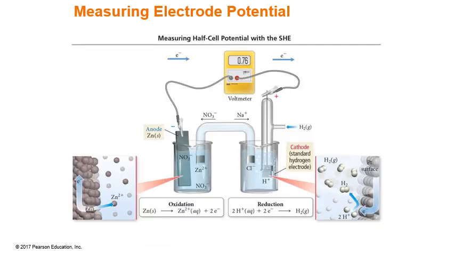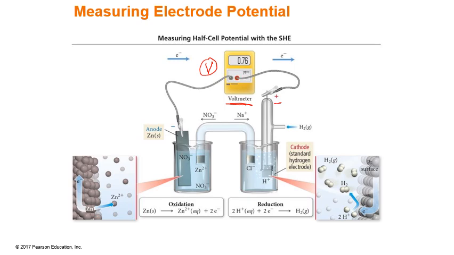To measure the electrochemical potential, we hook up a voltmeter into the circuit that contains our electrochemical cell. Sometimes you'll see a voltmeter represented as a circle with a V in it. You'll notice that our hydrogen half reaction or half cell is the cathode.